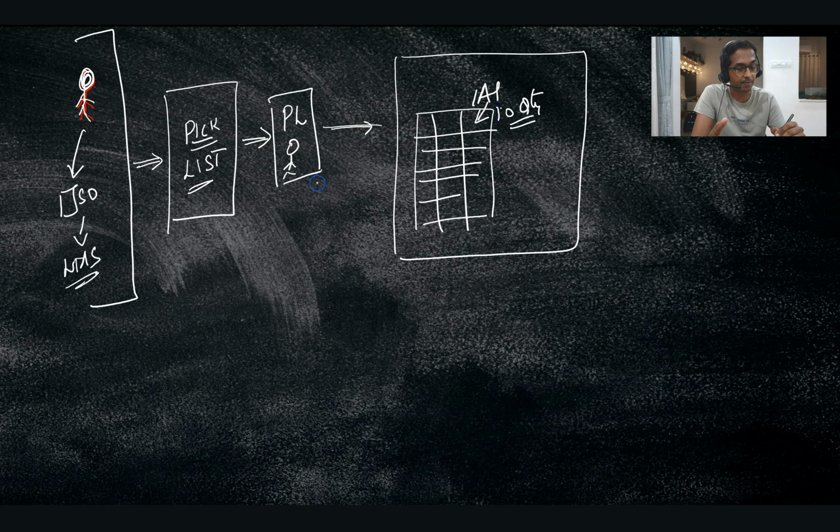The picker goes to that particular aisle, the bin and the location 1A1, and when he or she tries to retrieve the quantity 10 from the location, that quantity is not available in full. For example, there will be only 3, or there could be 0, or there could be some products available which are completely damaged, whatever it could be. Basically, it is not in a position to be picked.